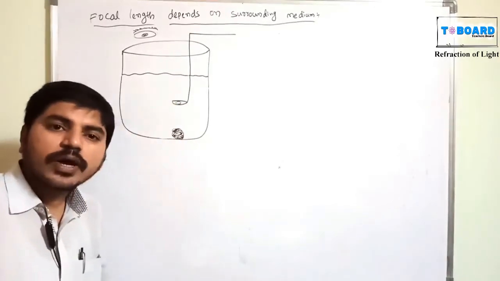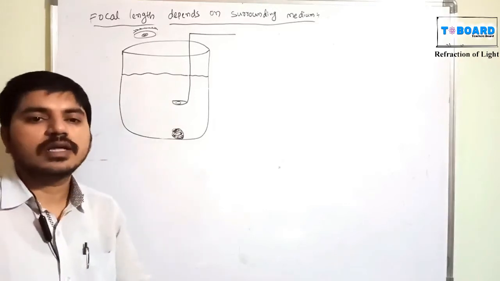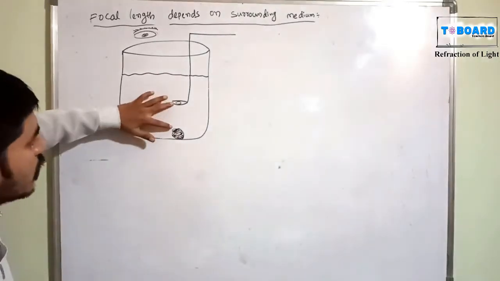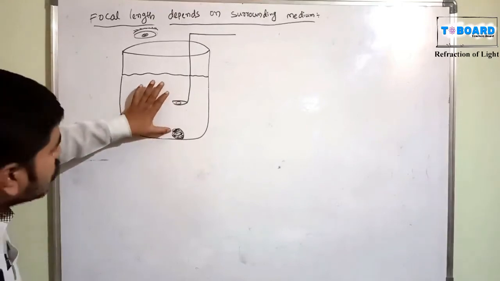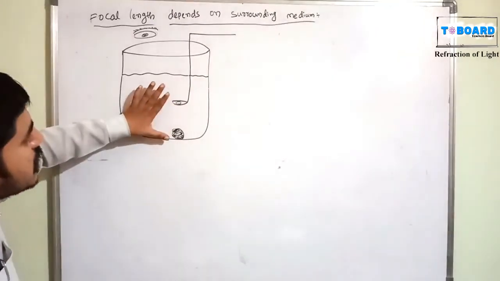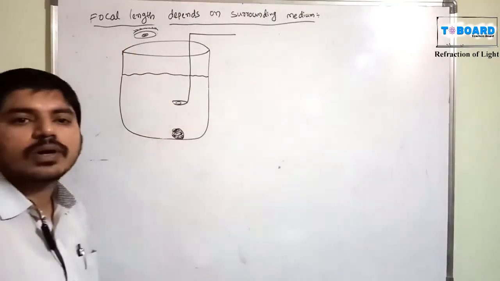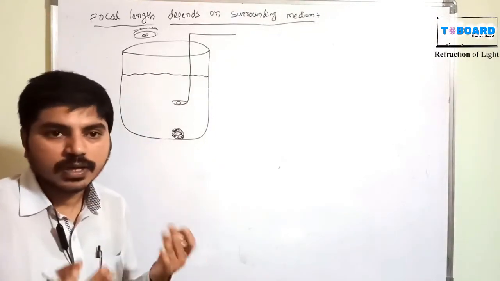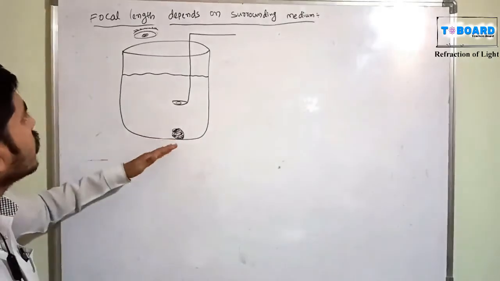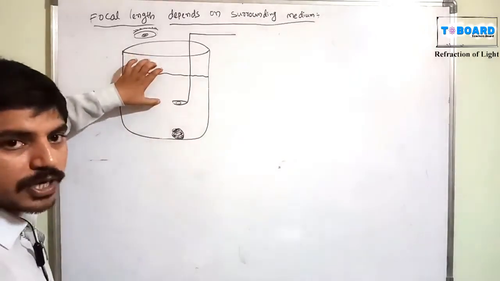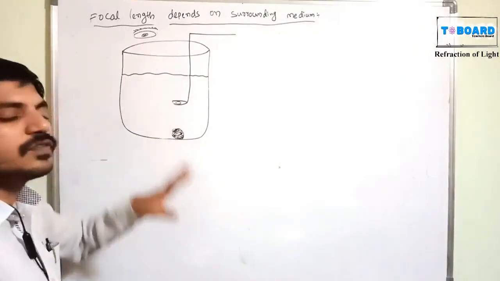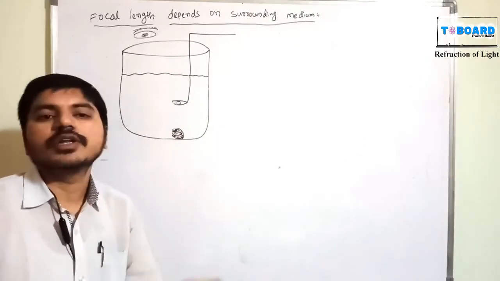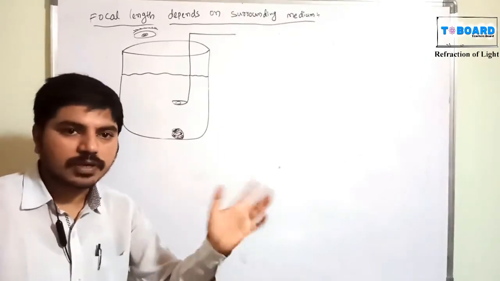So, as I increase the distance between the stone and the lens holder, I am increasing the focal length. When it is a larger focal length, the stone will disappear. From this activity, we conclude that the surrounding medium affects the focal length of any lens, whatever lens we have.